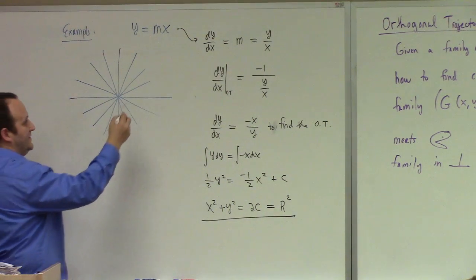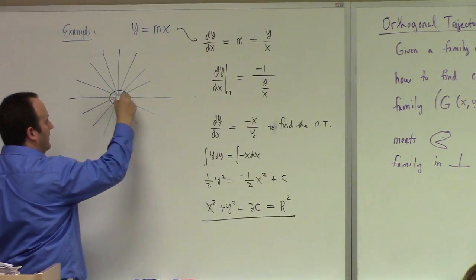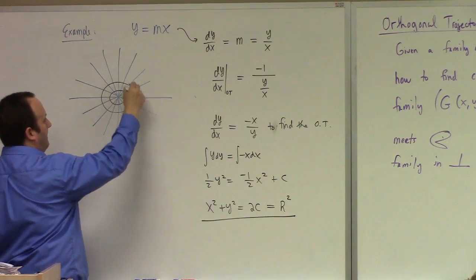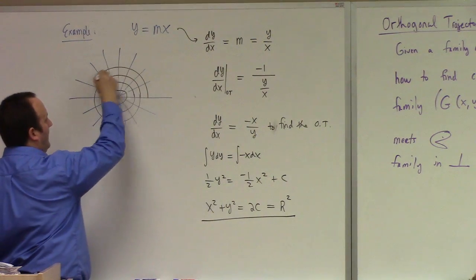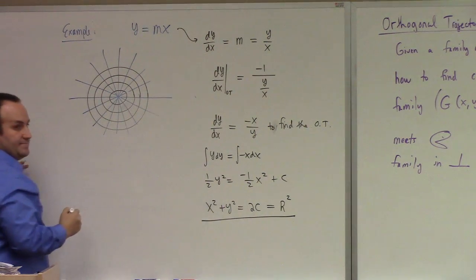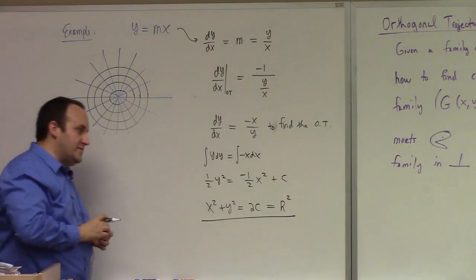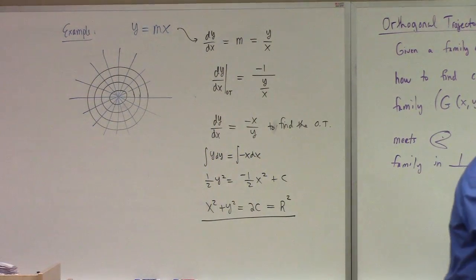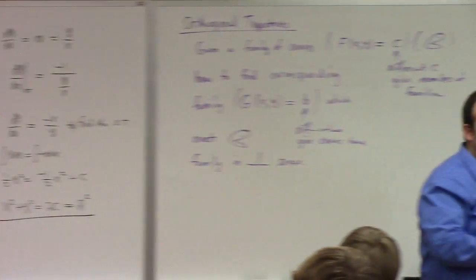You can recognize these guys, right? So the orthogonal trajectories to lines going through the origin is a family of concentric circles, right?